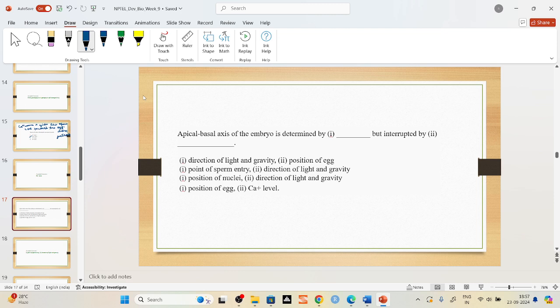Now let us see. The question says: the apical basal axis of the embryo is determined by what? This apical basal axis development begins right after fertilization, and it involves the establishment of polarity in the plant embryo.